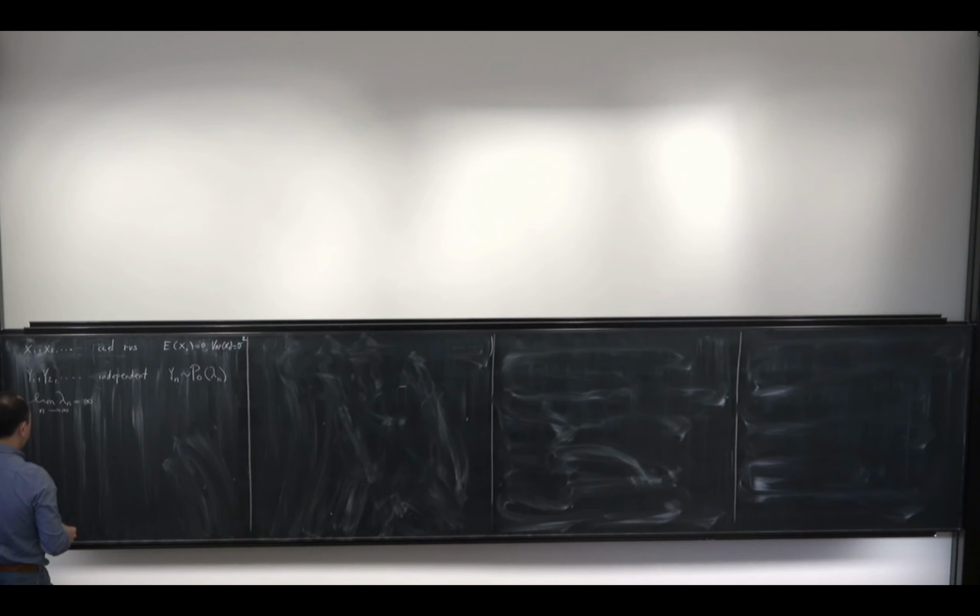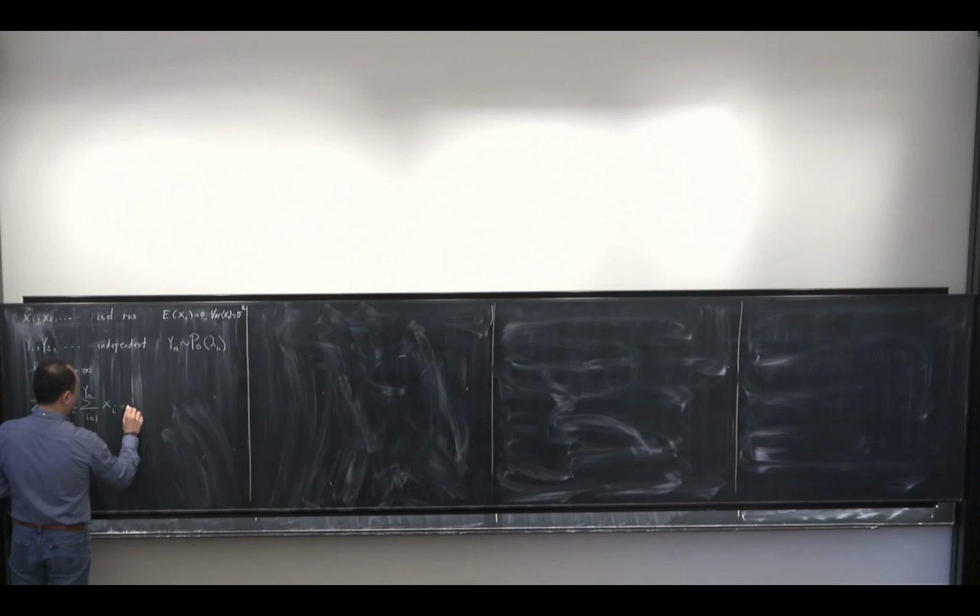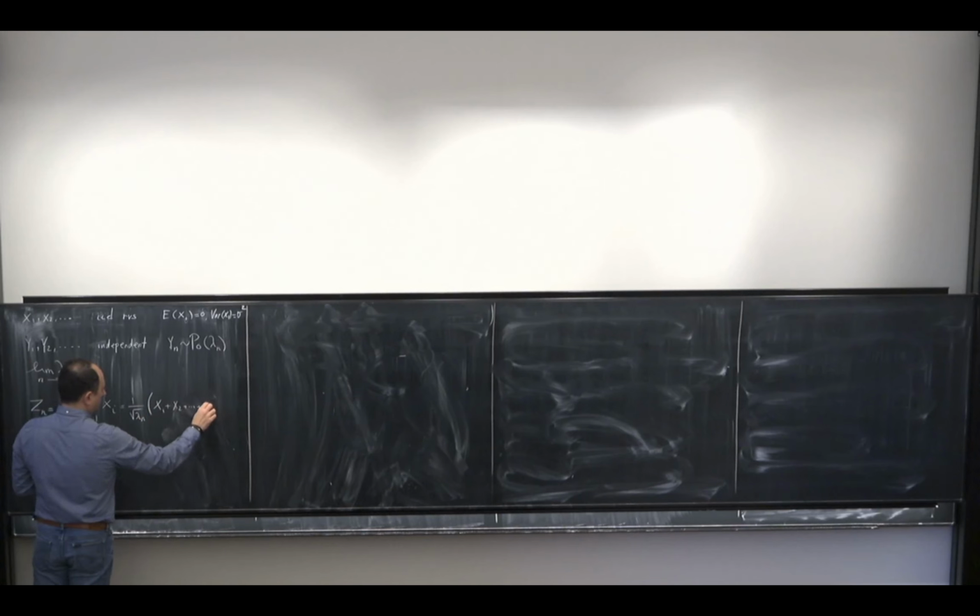Now they have defined a new random variable, Zn, to be 1 over the square root of lambda n, multiplied by the sum of Xi, i going from 1 to another random variable, Y sub n. And they have written it in expanded form, which is probably better. So I will write X1, X2, up to X Y n.